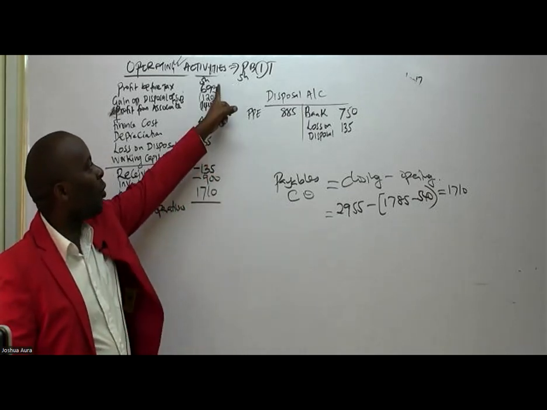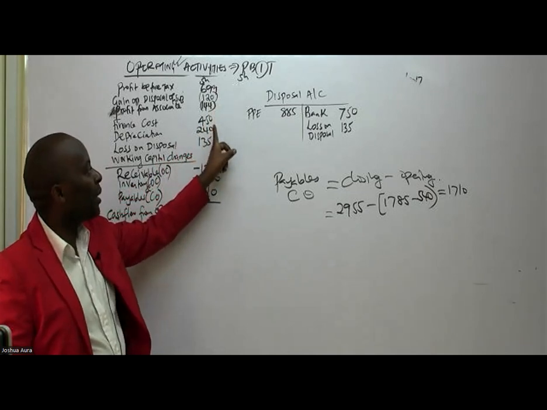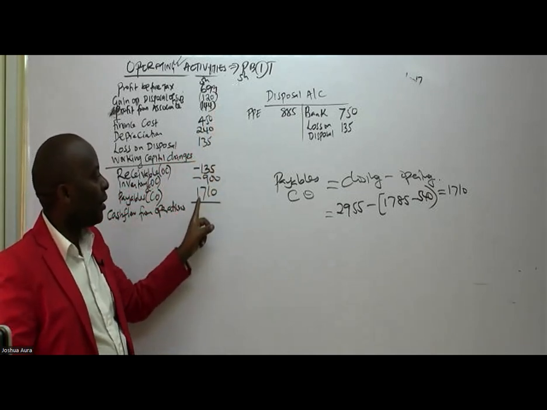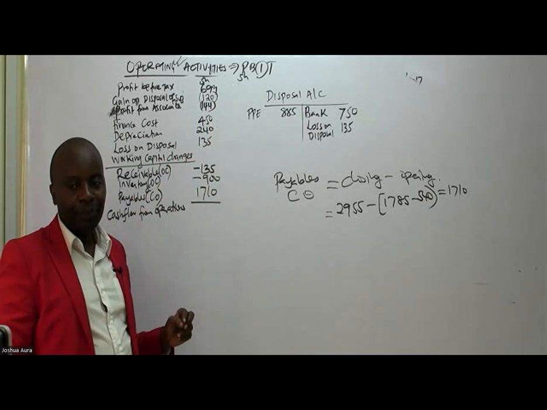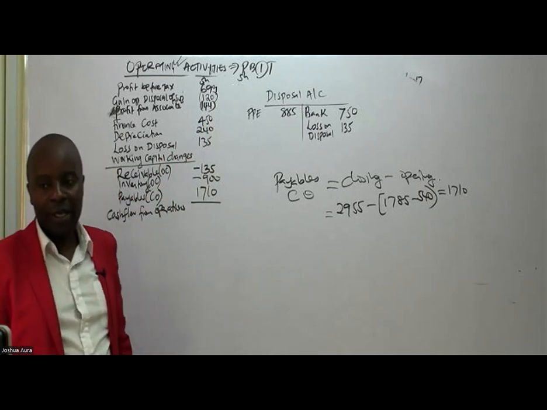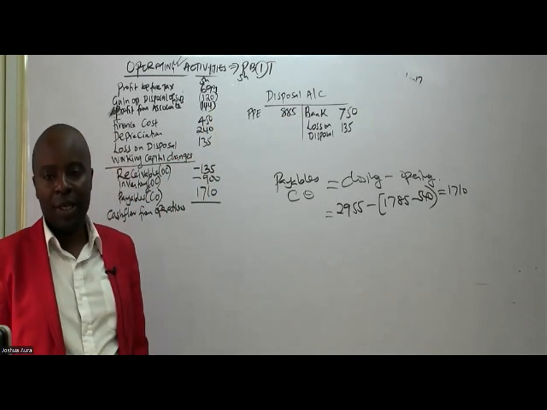You are just following this minus, plus this, minus, and give me the final figure. Take your time, there's no hurry. Cash flow from operations, what shall we get?